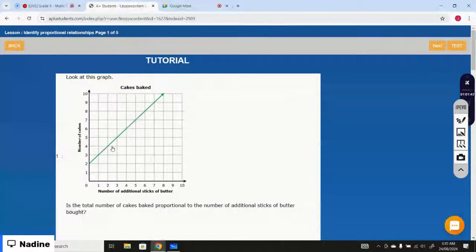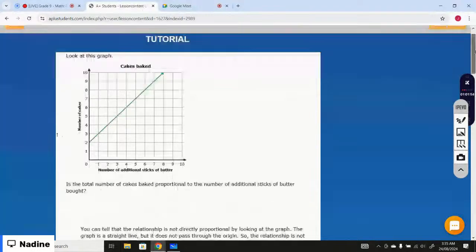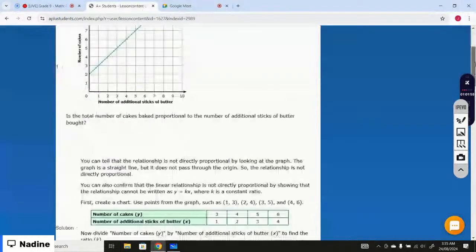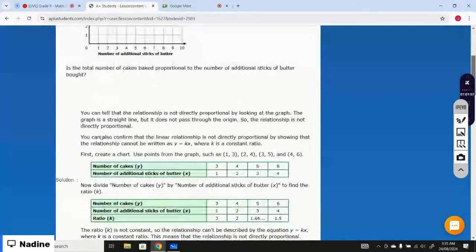So the graph is a straight line, right? If the relation is a direct proportion, the graph must be a straight line, right? You can tell the relationship is not directly proportional by looking at the graph. The graph is a straight line, but it is not passing through the origin.